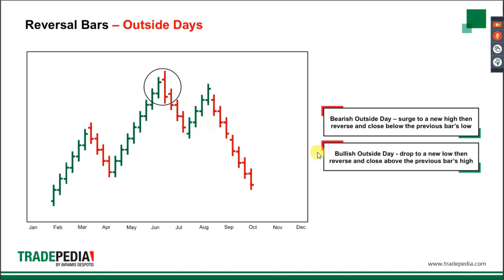Same thing, it's a reversal, but this is in a downtrend. And this is recognized with prices first collapsing to new lows, followed by recovery above the previous bar's high and close above the previous bar's high. Okay, so outside days have stronger signals than key reversals and two bar reversals.